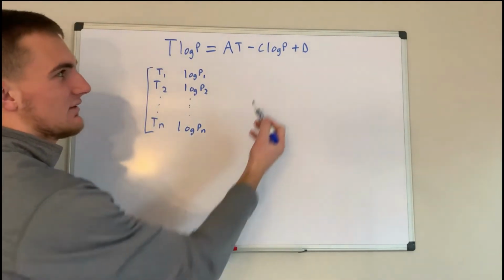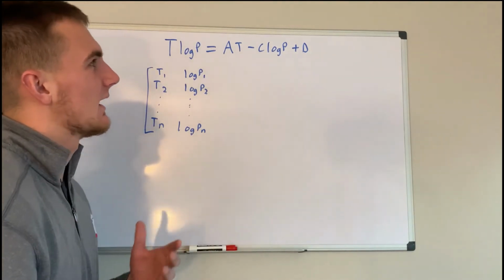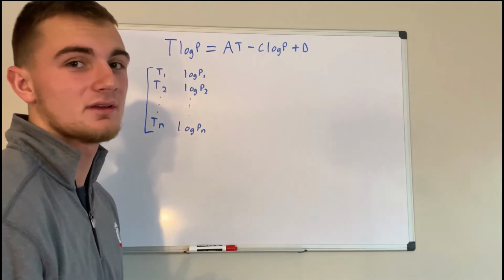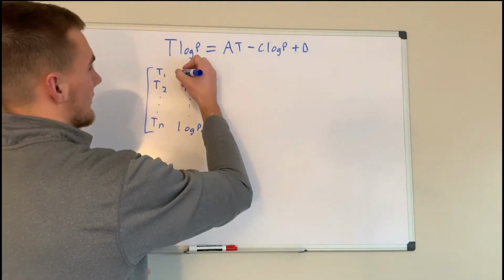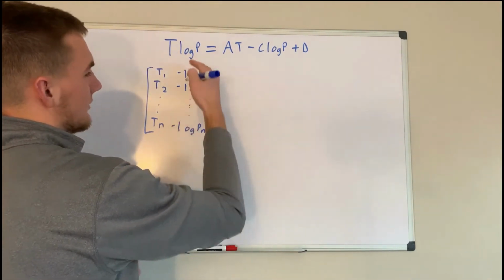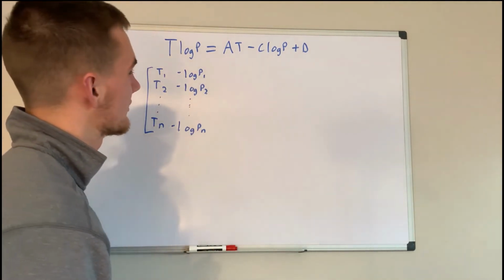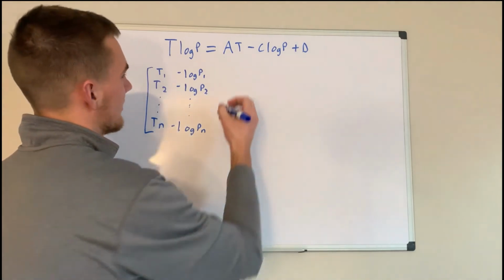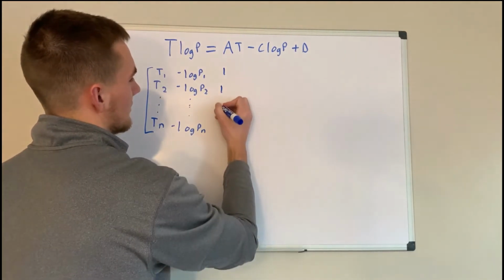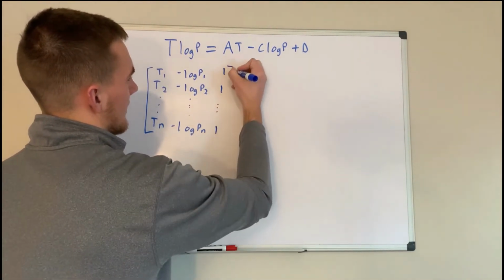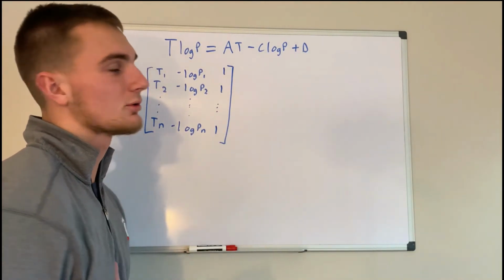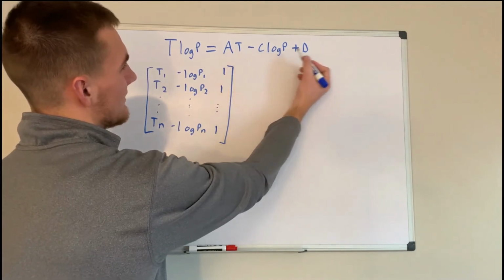Now, since in this equation the log of P has a negative sign in front of it, we will actually need to bring that sign into the design matrix. So we'll have a negative here, and throughout the rest of the matrix. And like I said, our third column here would just be a column of 1s. So we'll have 1, 1, 1. And we will be multiplying this by a vector of our unknown coefficients, so the A, C, and D terms.